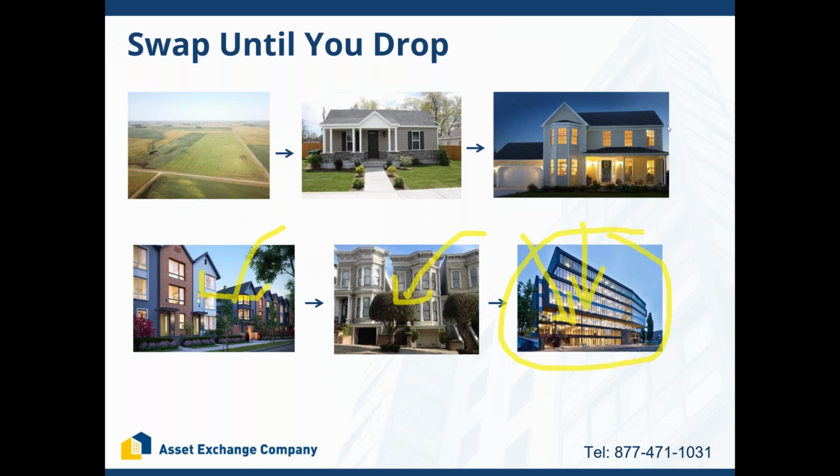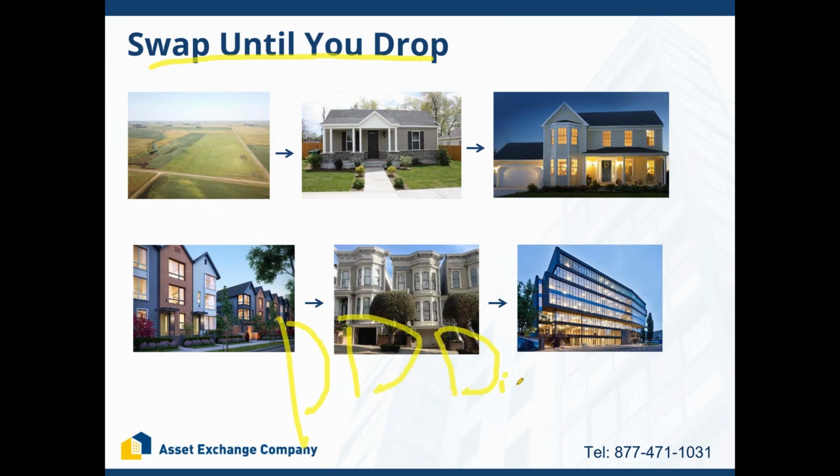So what do you do? Well, you pay taxes, or you simply never stop exchanging. Okay, you do what we call the 3 Ds of investing, or the swap till you drop method. You will simply defer paying taxes, you'll defer paying taxes, and then you will die. You will own real estate until you pass away.